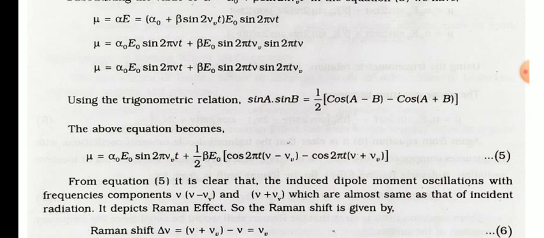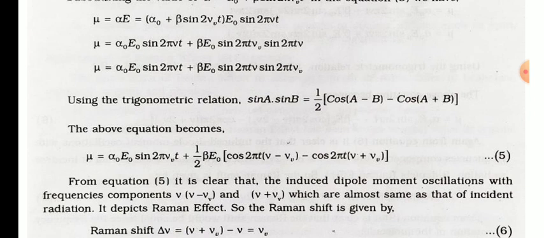And the next term, 1 by 2 beta E naught cos 2 pi t into bracket nu plus nu V, means the frequency of the scattered light is higher than the incident radiation frequency. Therefore, its wavelength decreases. So that corresponds to the anti-Stokes line.